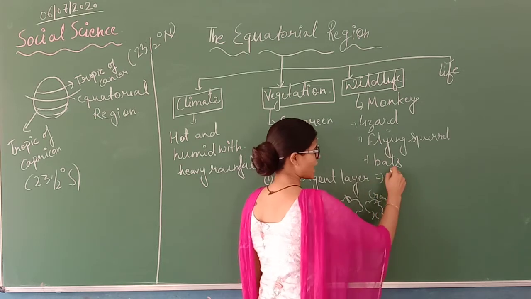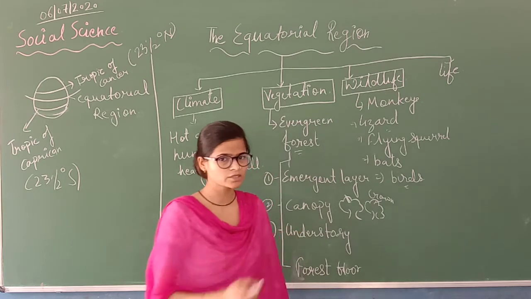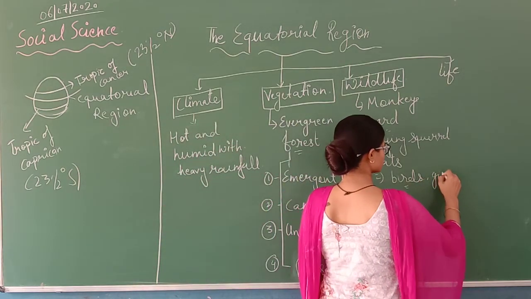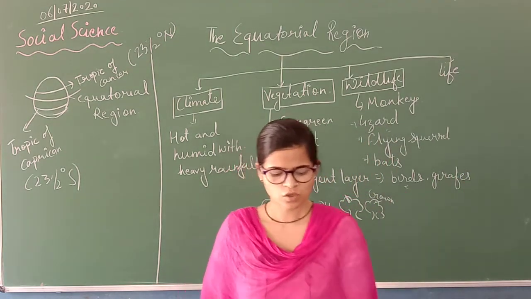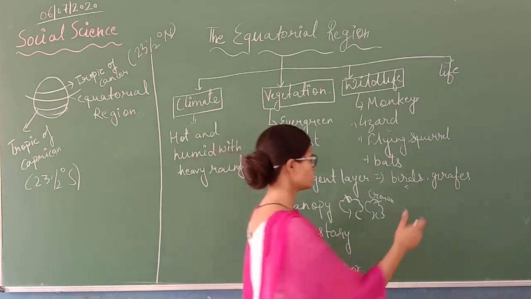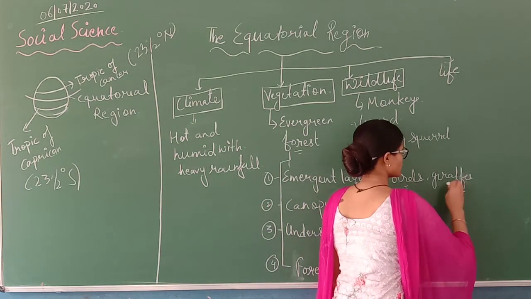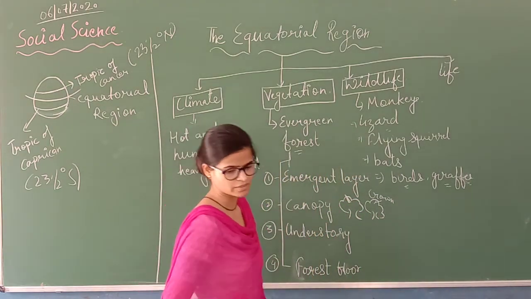Then we have birds, and in birds also you will find a variety of birds. We have a variety of giraffes. So these are the species of wildlife which you will find in this equatorial region.